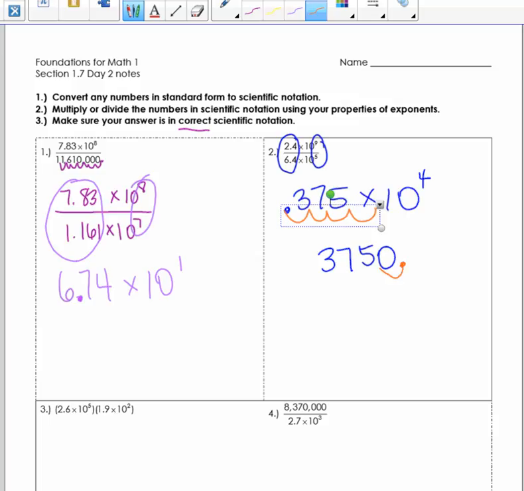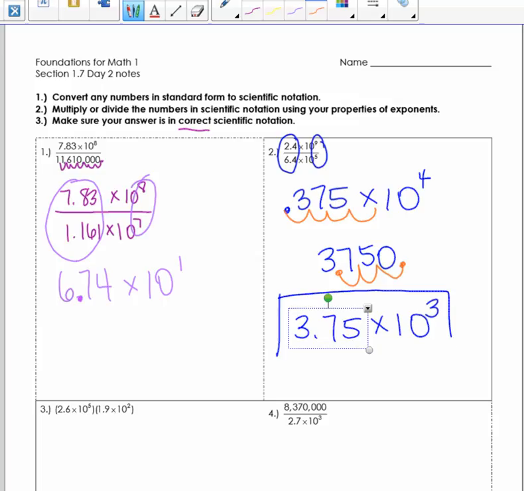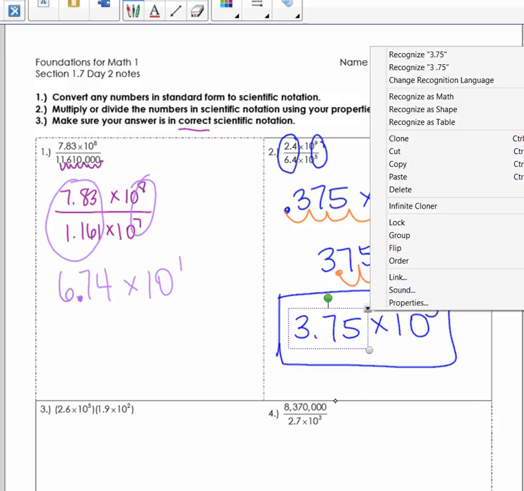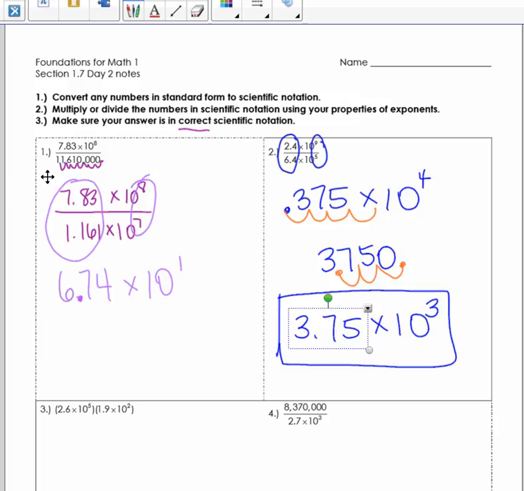So we need to move it back so it's between the 3 and the 7. And your final answer would be 3.75 times 10 to the 3rd. So same steps as yesterday, we just are adding in that additional step of sometimes you need to convert.